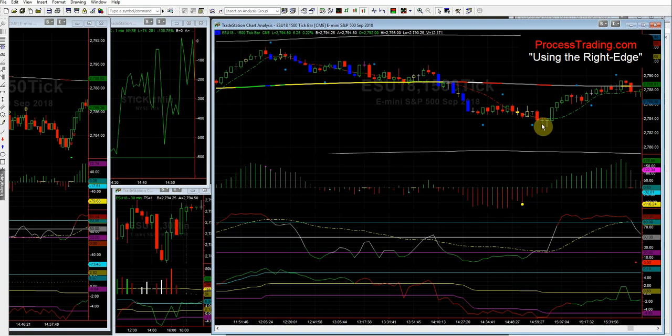So by the time it gets down here, and we don't just get in these trades and walk away, we keep monitoring them to see if the conditions are still favorable to our analysis.